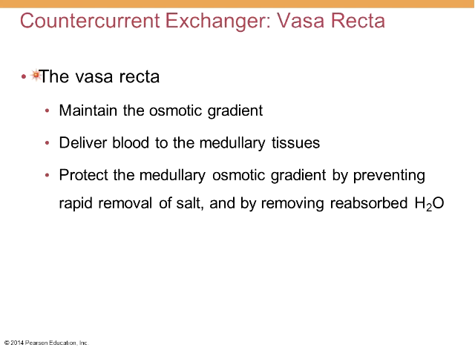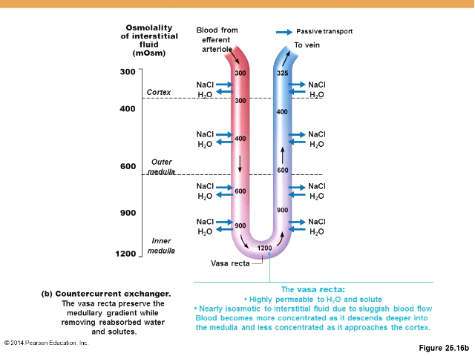Now we talked about the vasa recta before, but they also play a part, just like the peritubular capillaries. They maintain the osmotic gradient in those nephron units where the loop of Henle goes deep in the medulla. They deliver blood to the medullary tissues. They protect the medullary osmotic gradient by preventing rapid removal of salt and by removing reabsorbed water.